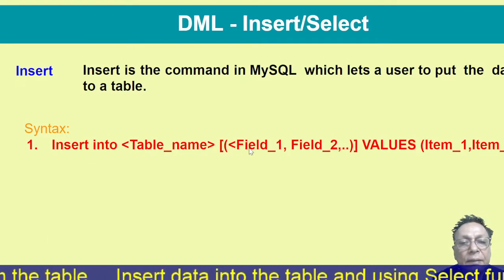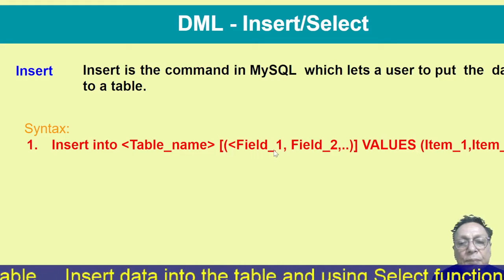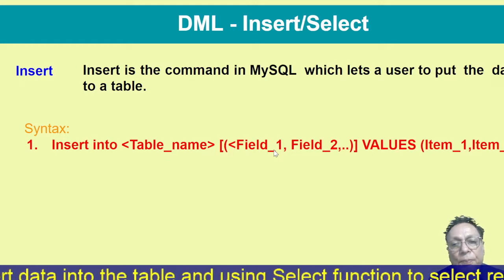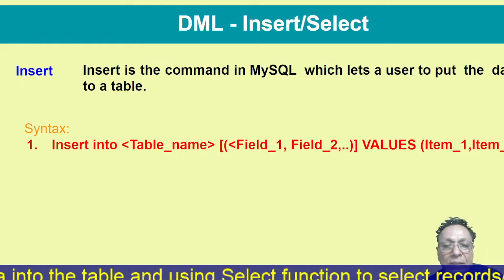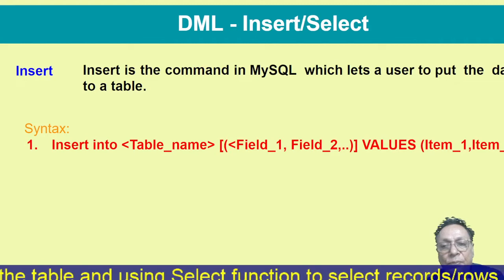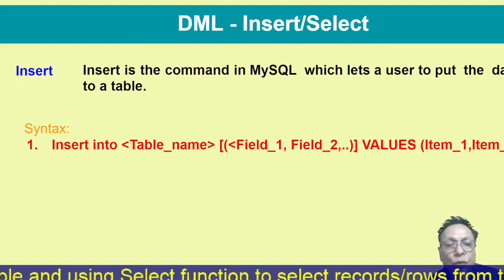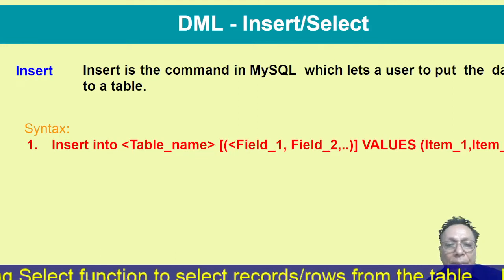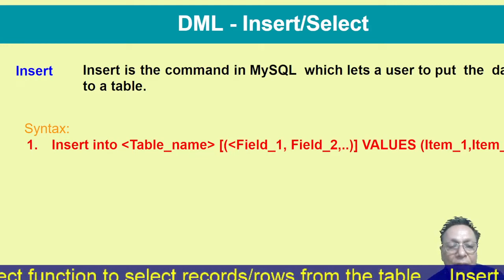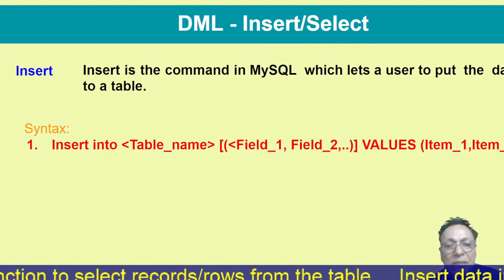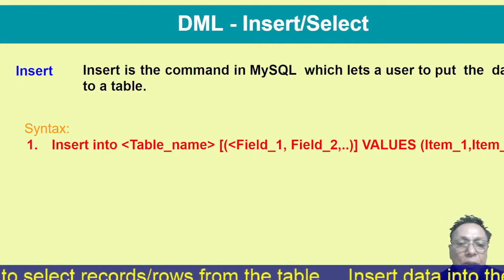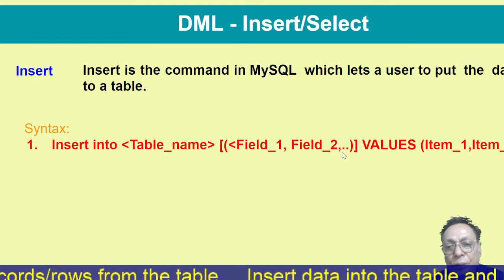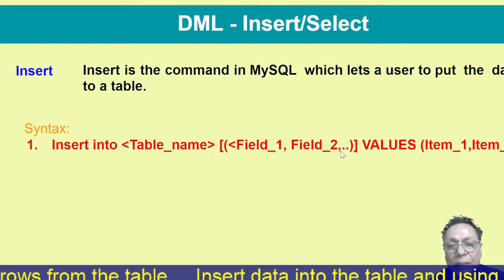Some values are given in the square brackets. These are optional. Over here I have included field 1, field 2 in parentheses, and the parentheses are within the square brackets, which means I can omit this portion. This portion is optional.